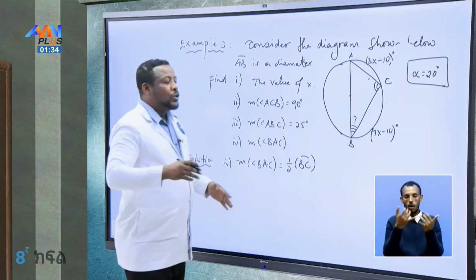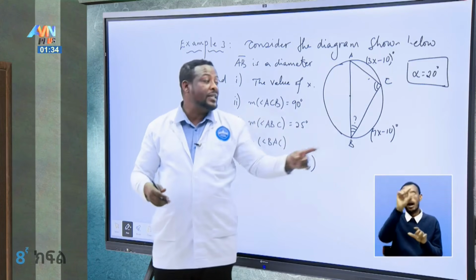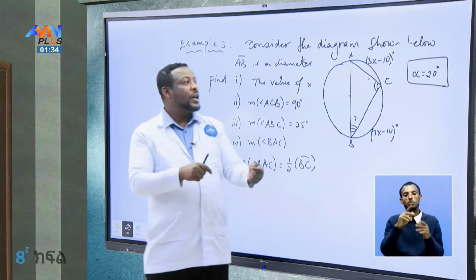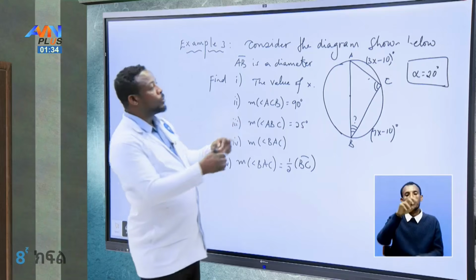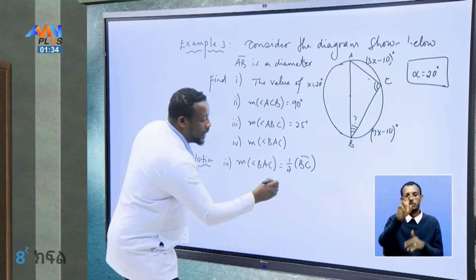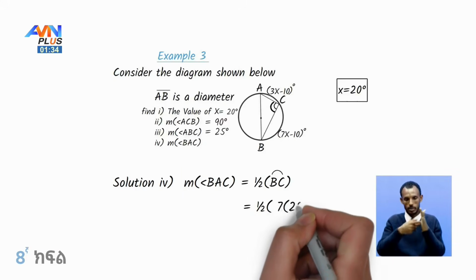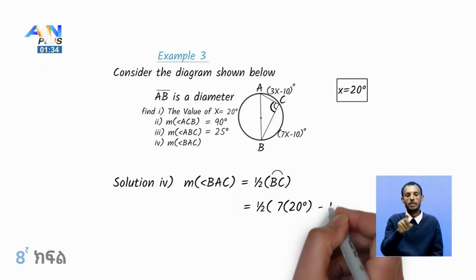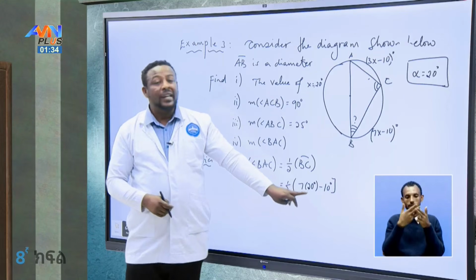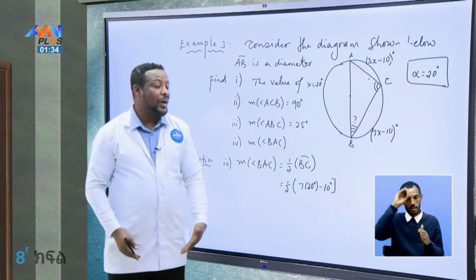Now you can calculate the degree measure of arc BC. Arc BC is 7x minus 10. So in place of x, you need to substitute the value that we have already obtained, 20 degrees. So half of BC is half of 7 times 20 minus 10 degrees. 7 times 20 is 140, minus 10 becomes 130.